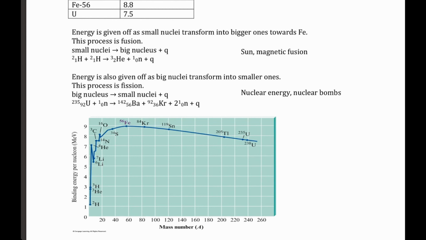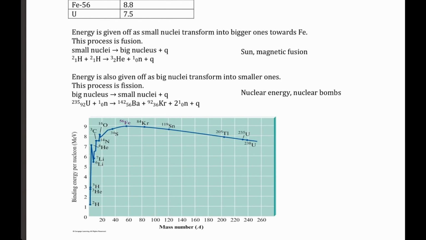So what we have, if we calculated it for lots of different nuclei, we find that it goes up for the small, and then for the very big ones, it also climbs up as we go toward iron, because iron 56 is the most stable of all the nuclei, in that it takes the most energy to break it.